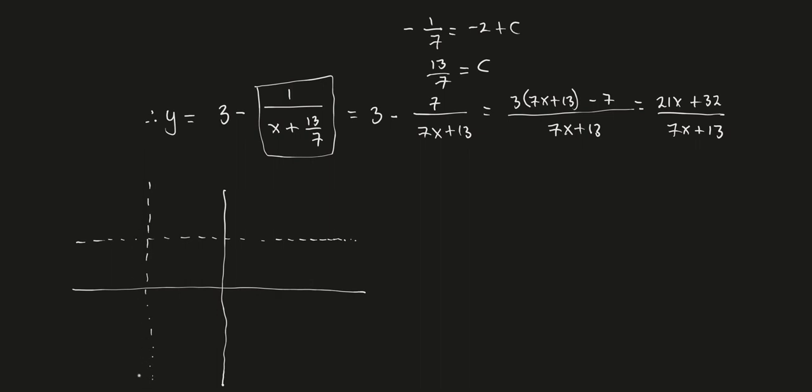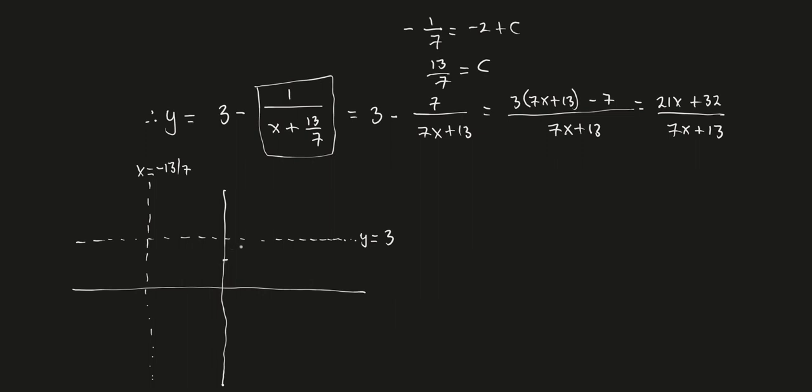So I'll label these in a bit. So this is, let me write it up here, x equals negative 13 over 7. And here y is equal to 3. And as far as the y-intercept now, when x is equal to 0, the y-intercept is 32 over 13, but that's less than 3, so it's now down here.